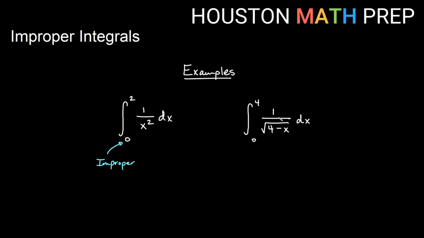If you look at this one over here, think about dividing by 0 would give us a vertical asymptote here as well. That would be when the bottom is 0, and that would be when we have 4 minus 4 in the root. So actually this x equals 4 is what makes this integral an improper integral. We'd have a vertical asymptote at x equals 4.